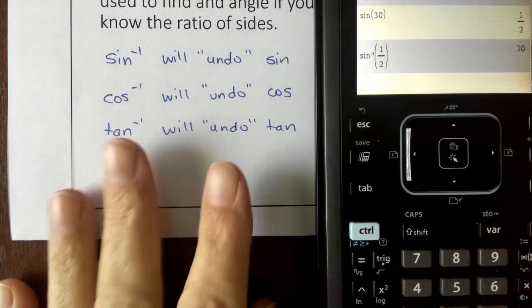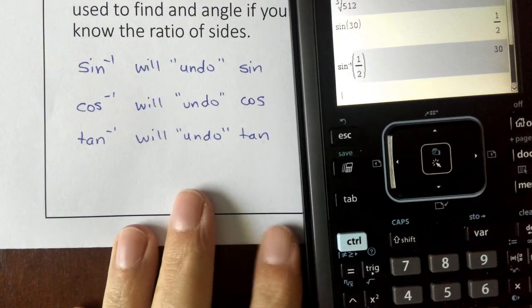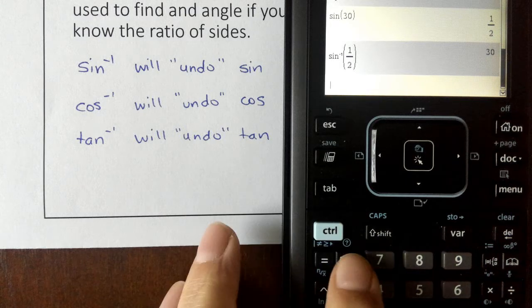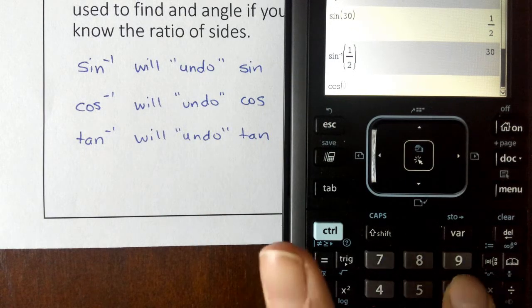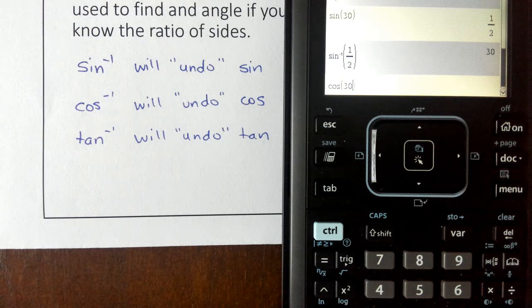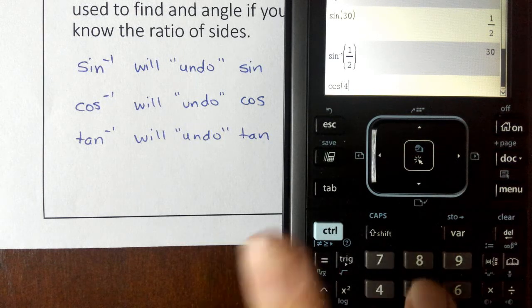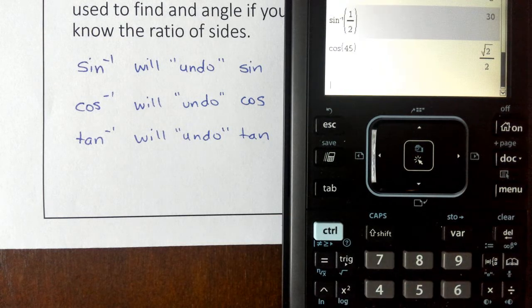The same thing's going to happen for cosine. Let's do 45, another special case. My calculator says the cosine of 45 is the square root of 2 over 2. Yours is going to say something like 0.7071, some long decimal approximation.